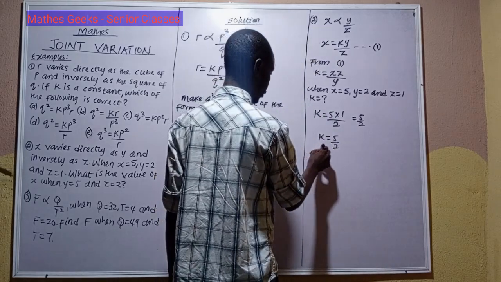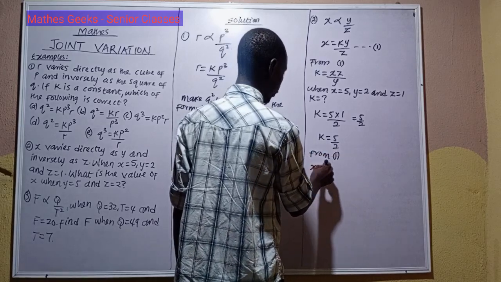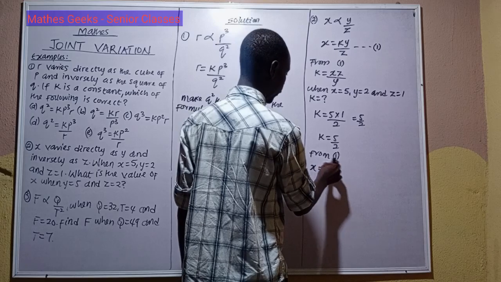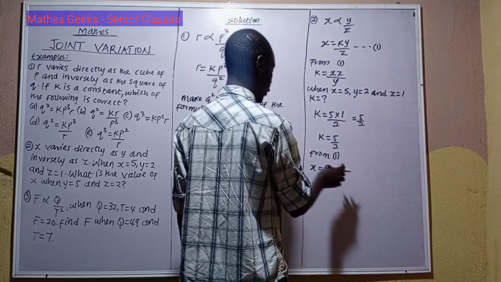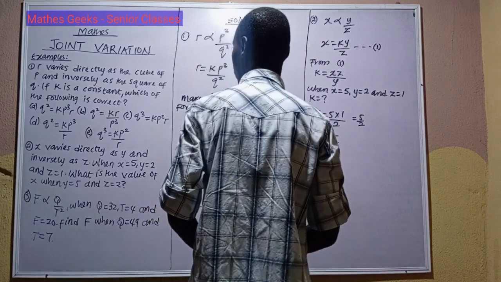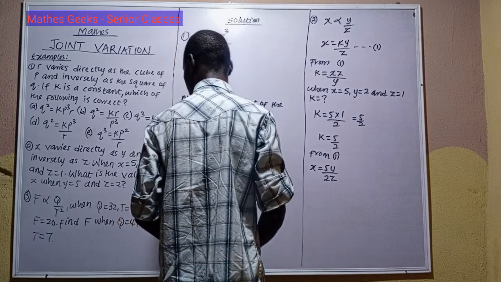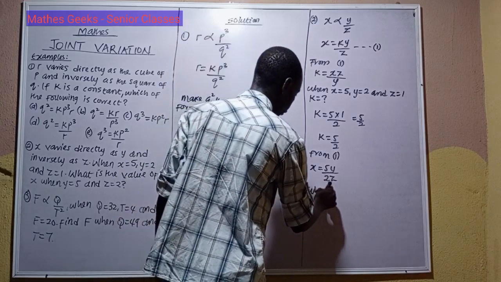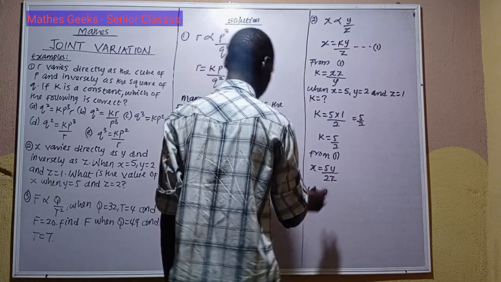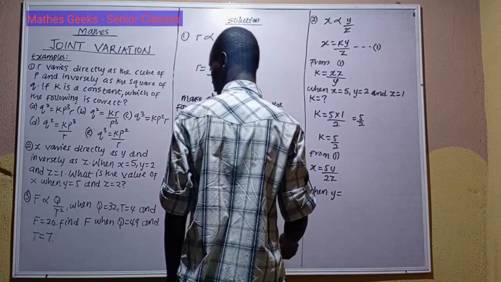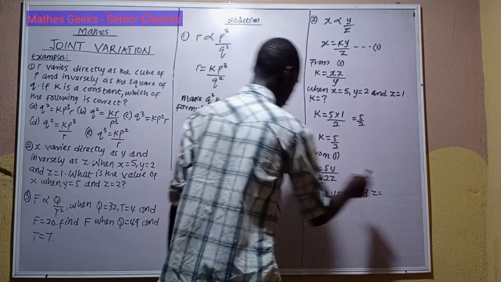So from question 1, x equals 5y over 2z. This is the formula of the relationship. Then the next is, what's the value of x when y is 5 and z is equal to 2?